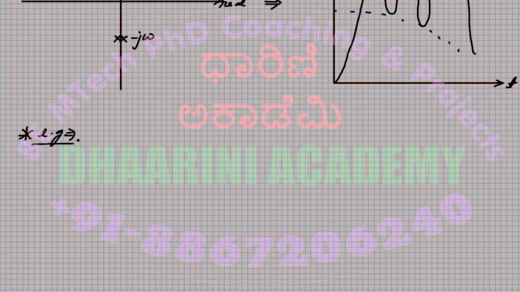Let the characteristic equation of a system be something like this. It's the denominator of the given equation.